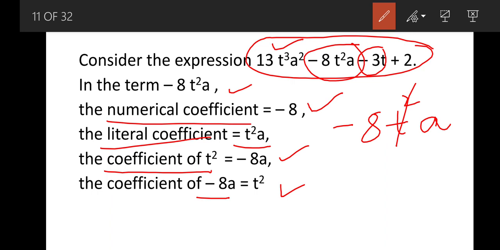The literal coefficient, apart from minus 8, whatsoever is present, that will be your literal coefficient, that is t square a, or the variables which will be present. The coefficient of t square, apart from t square, whatsoever is present, is minus 8a. And the coefficient of minus 8a is equal to t square only. I hope this is now clear.